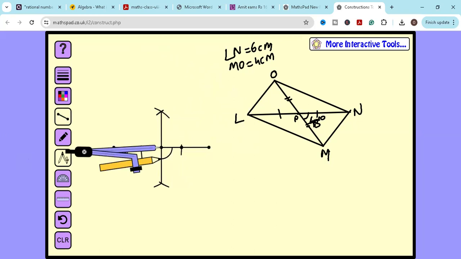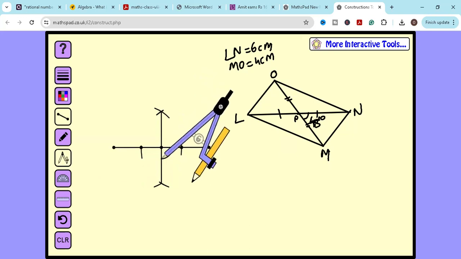Okay. So we understand this is 90. So if I keep it here and I extend this, I'll get the middle point of this angle. Okay. This way. Same way we extend this.